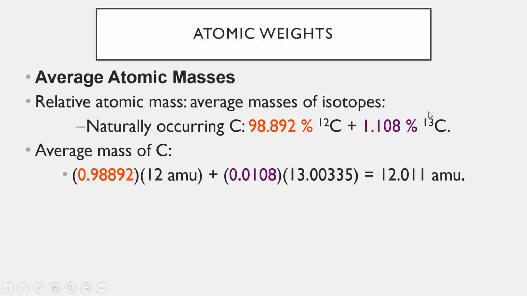We could just say that that's 13. And that's where we get this number, 12.011 AMU. And if you look on the periodic table, that's the average mass of carbon.